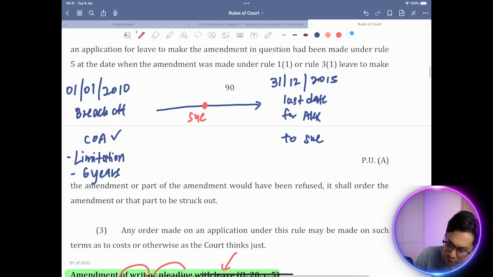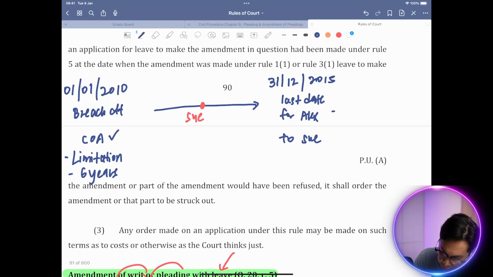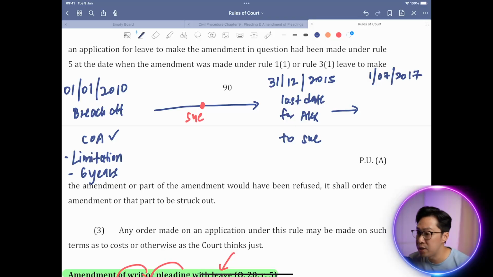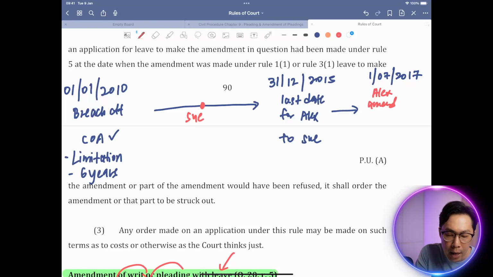However, suddenly now, in 2017, Alex wanted to amend. Let's see, this is your Order 20. Alex sued Mr. Lee.